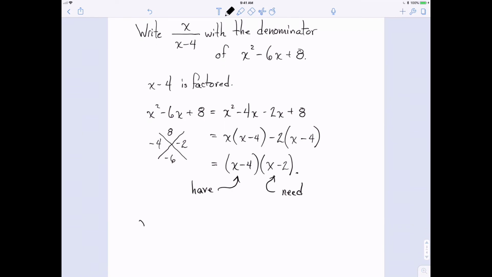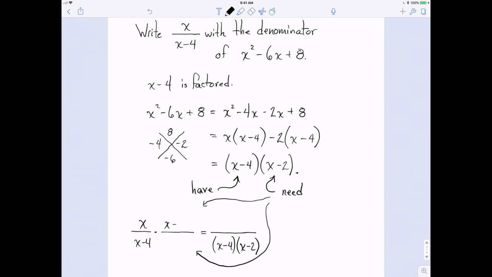So I'm going to write this as x minus 4 times our fraction. We know our end goal is x minus 4 times x minus 2 in its factored form. And so now what we need, that creates my numerator and my denominator down here. So I have x minus 2, x minus 2.